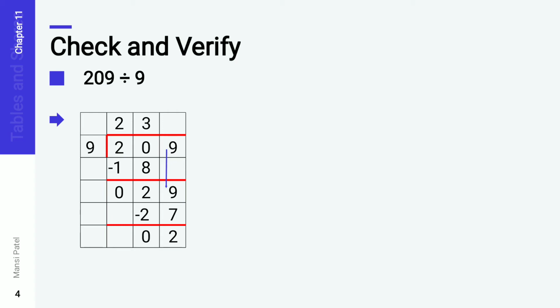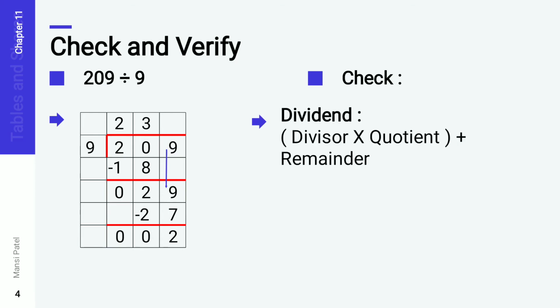Now let us check and verify. So the formula for verifying the answer of the division is that dividend is equal to divisor multiplied by quotient. So first you have to do the multiplication, and in that multiplication you have to add your remainder. So do the multiplication of 23 multiplied by 9, or we can say 9 multiplied by 23.